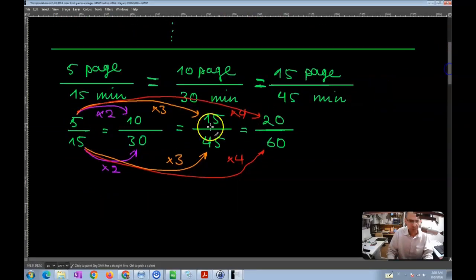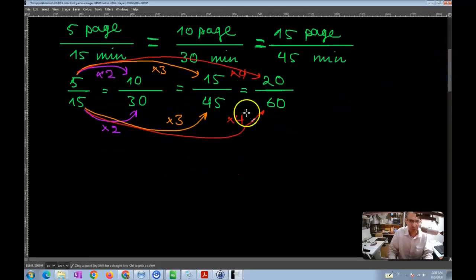So you can see that you can multiply both the numerator and the denominator of the fraction by the same number to come up with another fraction which is equal to the original fraction. And because multiplication and division are inverse processes, meaning they are related, instead of multiplying you can divide. Over here, 20 divided by 60 is the same thing as 5 divided by 15.